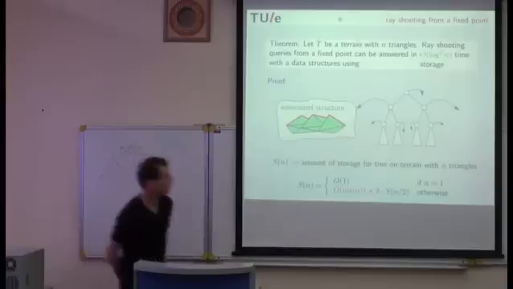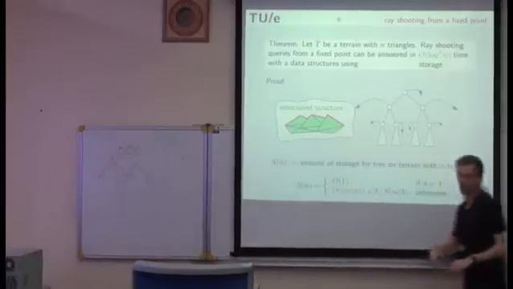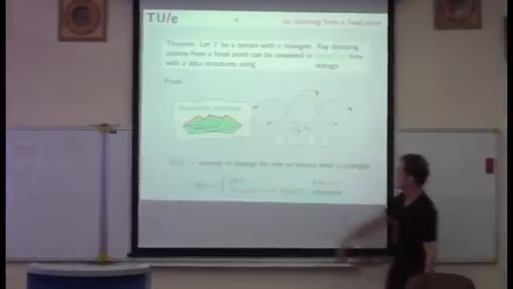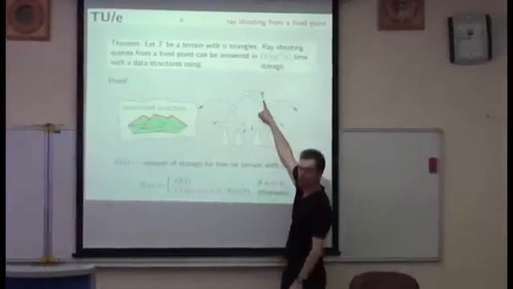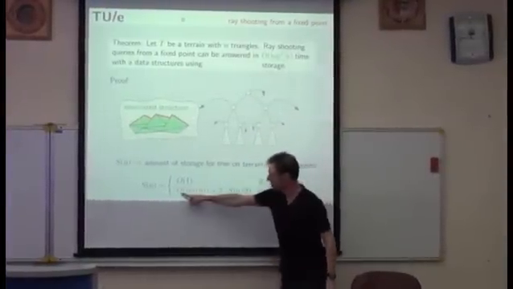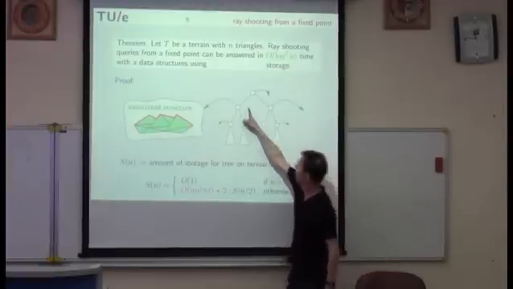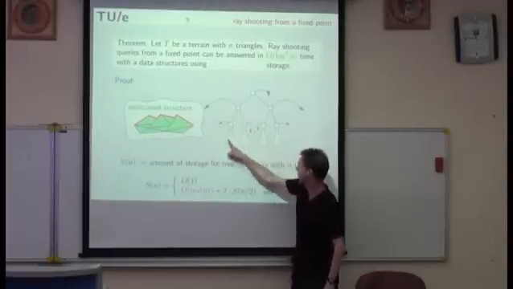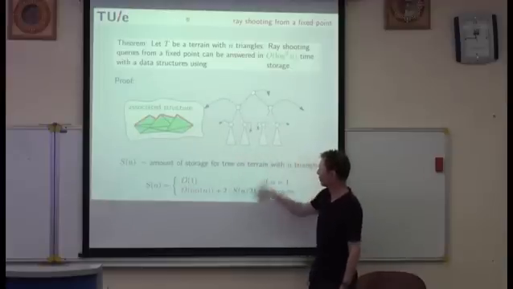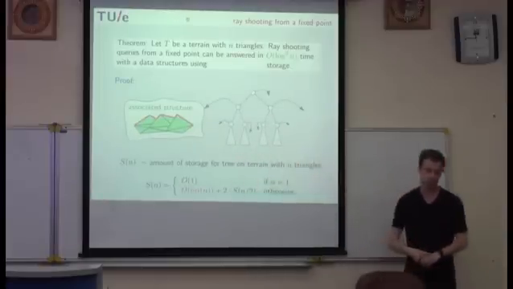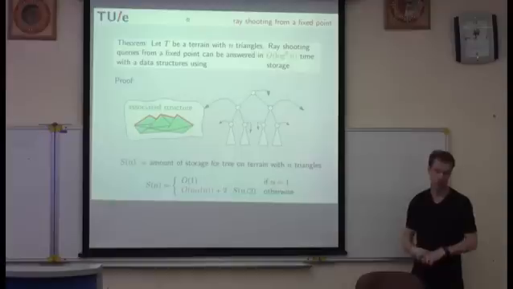Well, one way, what we normally do is write a recurrence, right? At a node, I have an upper envelope, which has complexity n alpha n, and I have a recursively defined structure here and here, so 2 times S(n/2). Right, which solves to n alpha n log n.